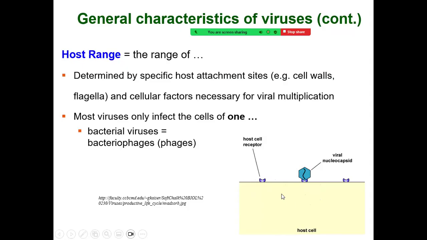Most viruses only infect the cells of about one species, and usually only a few cells of that one species. For example, HIV infects only two species, humans and one of the chimpanzees. I forget the name of it, but there are two chimpanzee species.